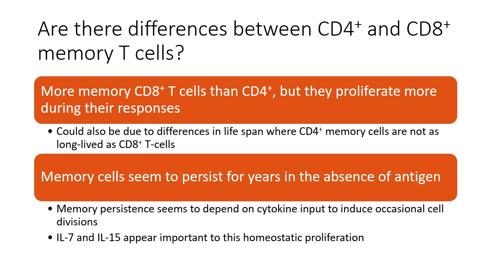We're not totally clear on how these memory cells live for as long as they do, because some of them can last for 70+ years. That is a very, very long time for a single cell to hang out in the body. You know, there's this myth going around the internet, and you've probably heard it, that every 7 years you've got a totally new you. You've replaced all of the cells and tissues in your body.